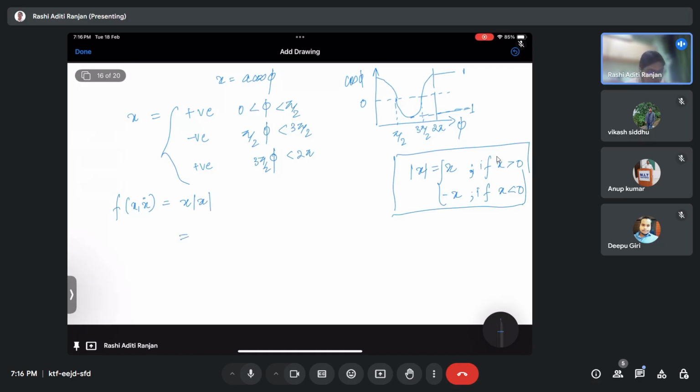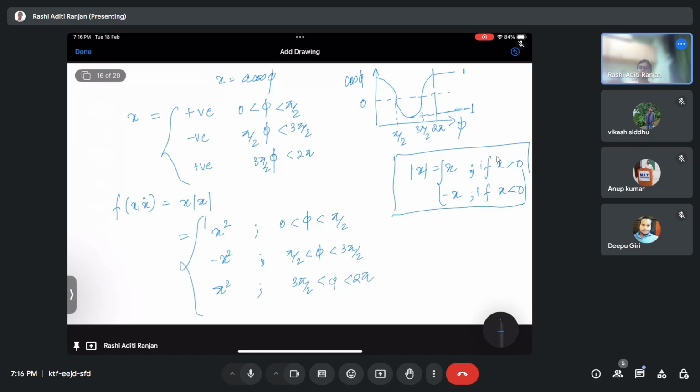It is going to be x square, then minus of x square from pi by 2 to 3 pi by 2, and again x square for 3 pi by 2 onward.